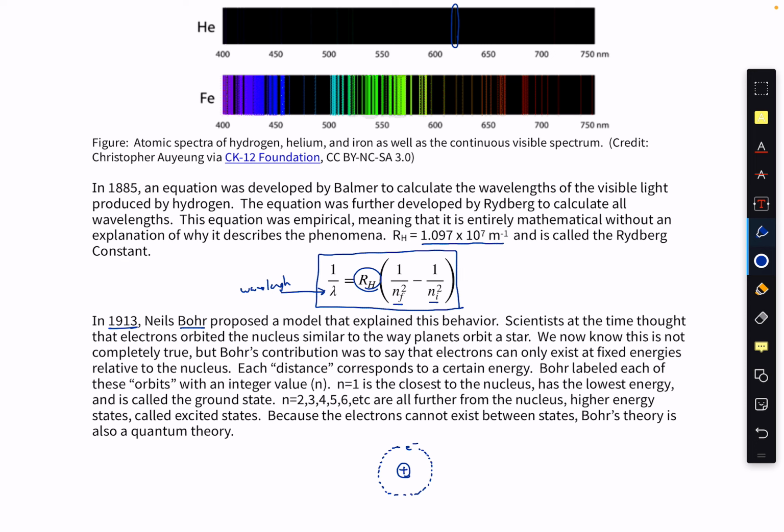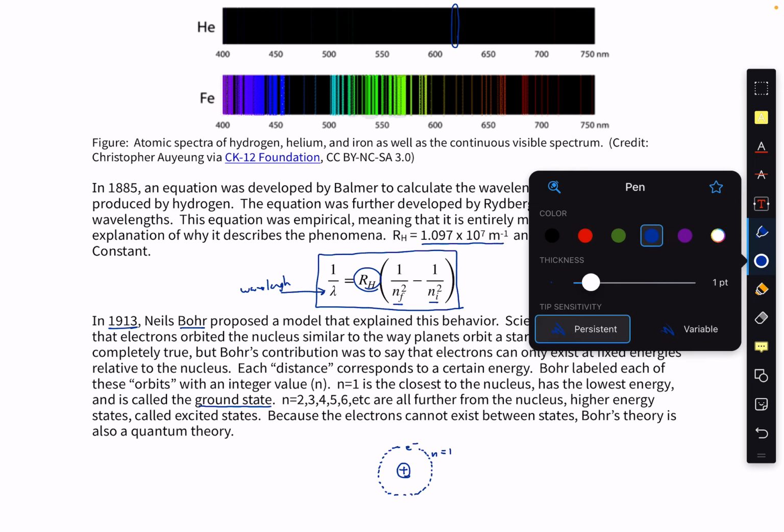So remember that this is three-dimensional, but the electron is staying a fixed distance from the nucleus. Whether it's moving in a curved orbit path or not, at least it's staying a fixed distance from the nucleus. That's what he said. And he called this distance n equals 1. It has the lowest energy, and so n equals 1 is called our ground state.